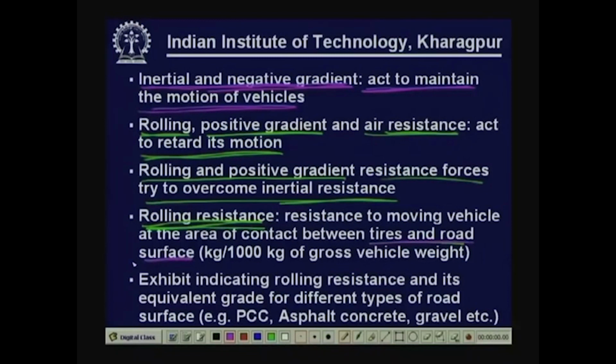Carefully observe this part: resistance to moving vehicles in the area of contact between tire and road surface. Normally AASHTO expresses the calculation in terms of kg per 1000 kg of GVW, or gross vehicle weight. AASHTO also gives an exhibit showing what the value of rolling resistance should be.